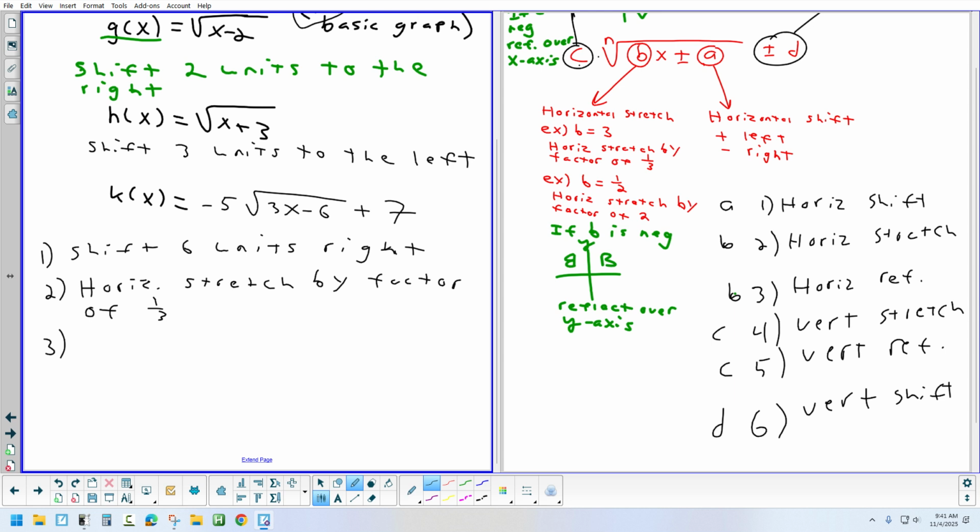Vertical stretch. How do we say that one? By 5. By factor of? By factor of 5. By 5, yeah. So vertical stretch by a factor of 5.